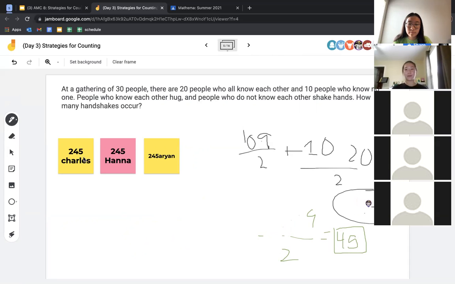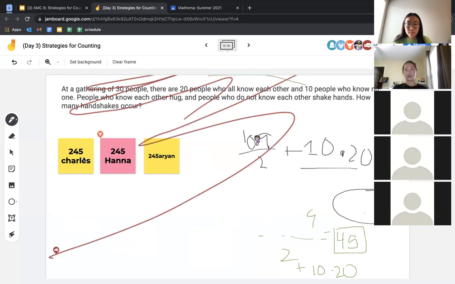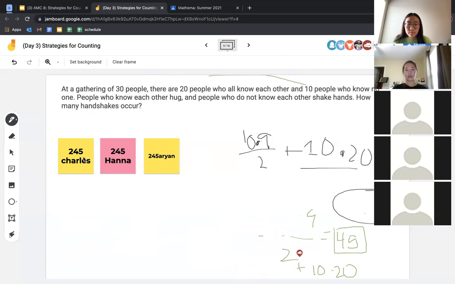So then that'd be 45 plus 10 times 20, because each of these people would shake hands with the 20 people. So 10 times 20 is 200, plus 45, which is 245.